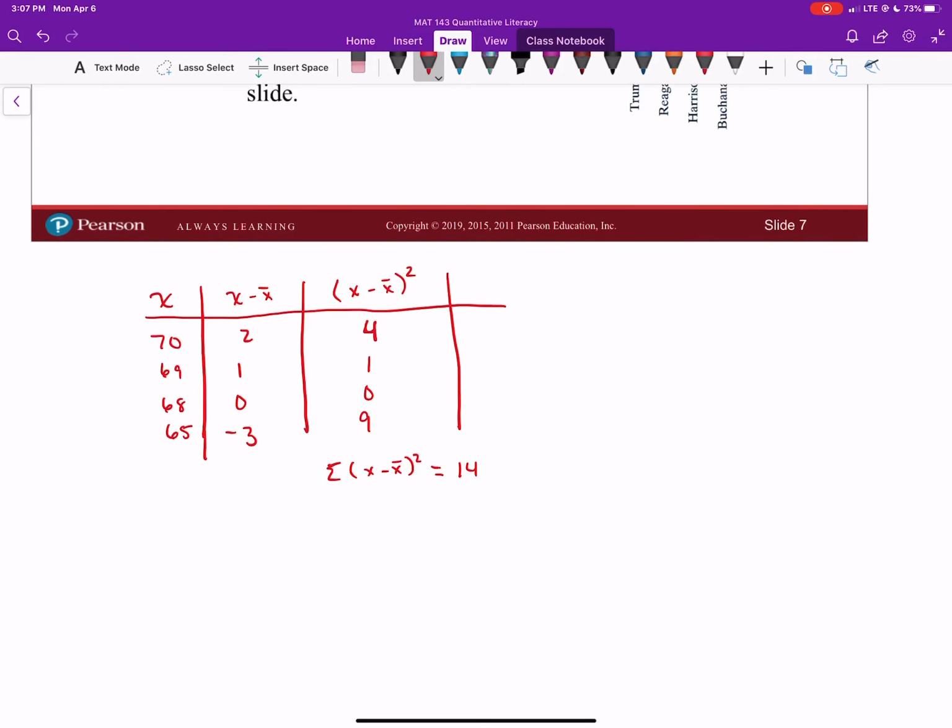Now, remember that standard deviation is equal to the square root of the summation of x minus x bar squared all over n minus 1. We know our n is 4, because it's 4 people. So the standard deviation is equal to the square root of 14 over 4 minus 1, which is the square root of 14 over 3.